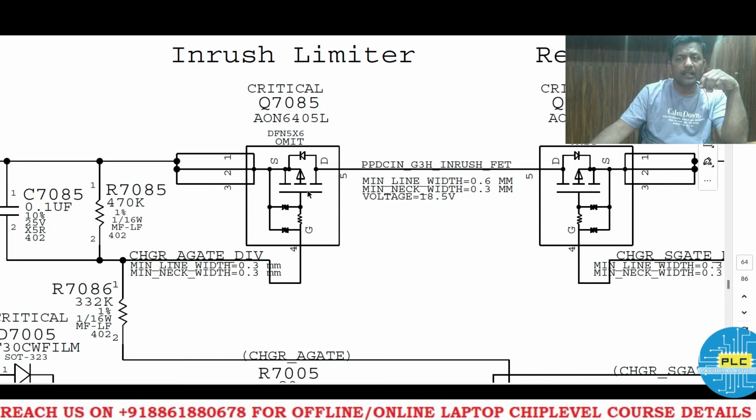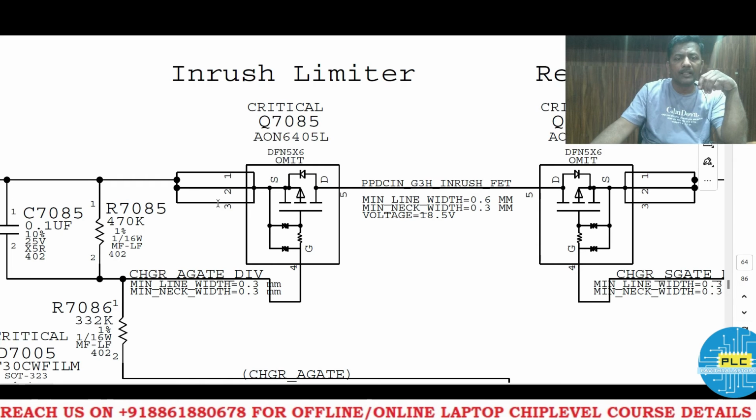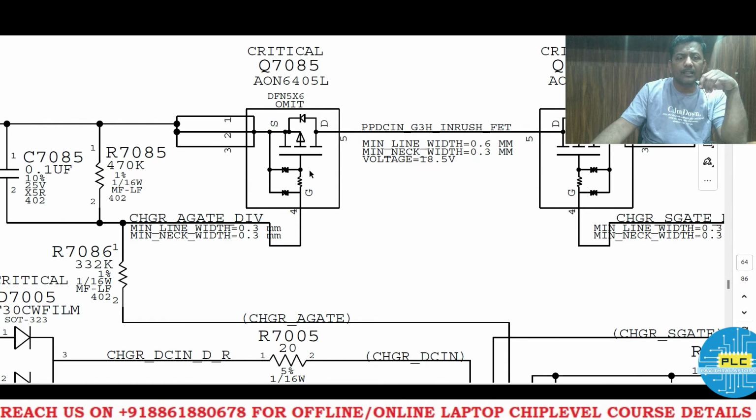PRN, I already clarified those things. Okay, it's a P channel. For a P channel, the gate voltage should be lesser than the source, correct? Lesser in the sense approximately 3 to 5 volts lesser than the source. In an N channel, minimum 5 to 6 volts greater than the source.